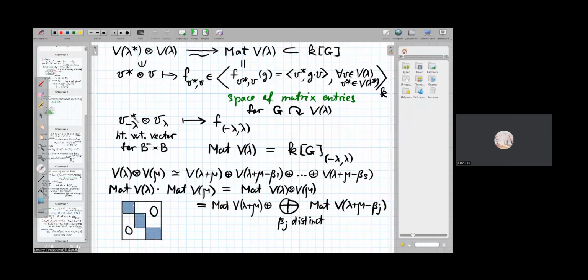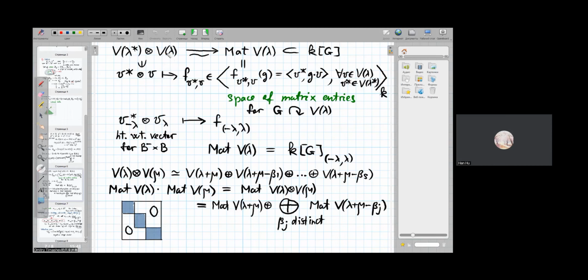Let me explain. V lambda star is the dual G-module to V of lambda. If you consider the eigenweights of the maximal torus in the dual module, then the eigenweights in the dual module will be the opposites of the eigenweights in V of lambda. Does that mean that lambda star equals minus lambda? I didn't finish yet.